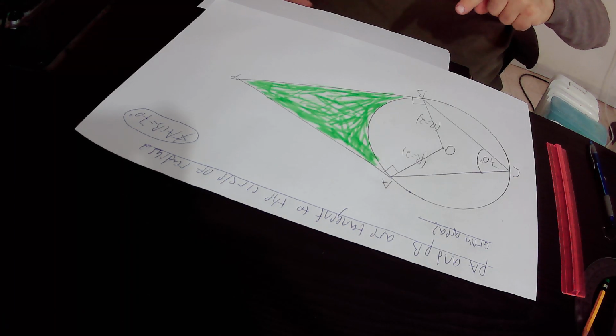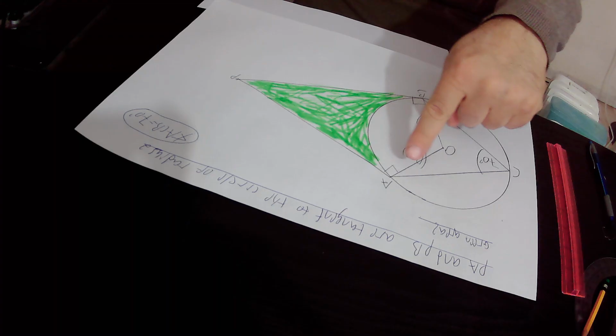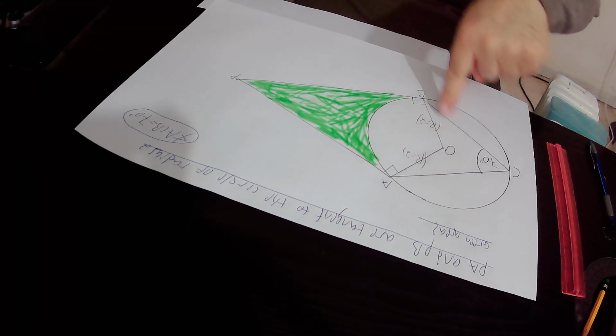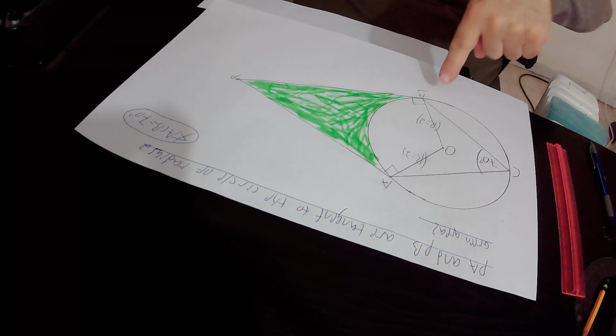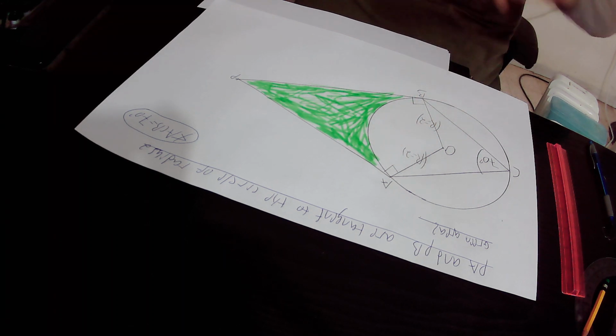And we have the central angle AOB, that is subtended on the same arc AKB.